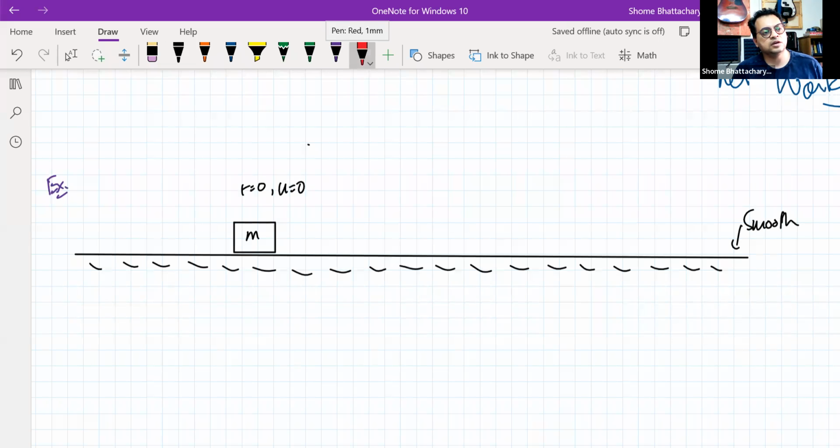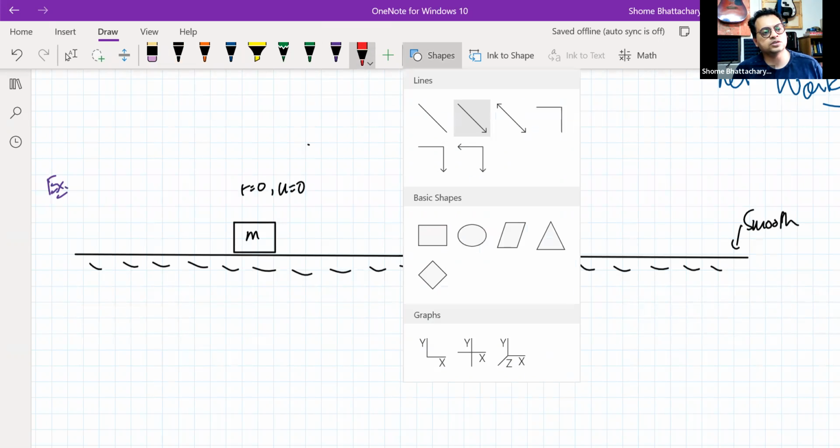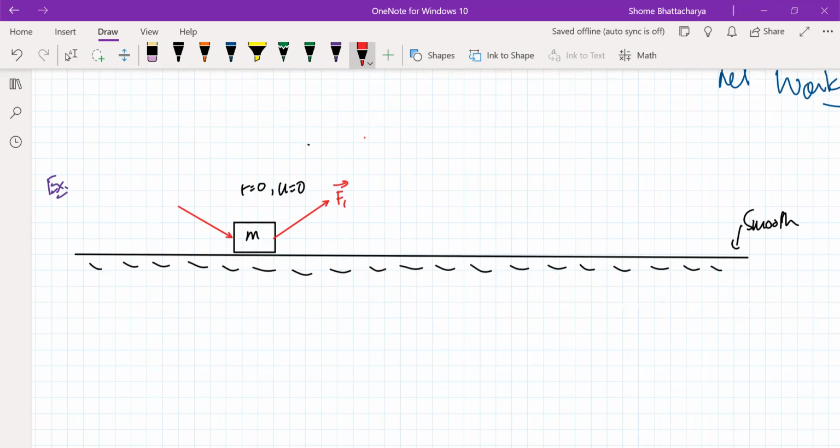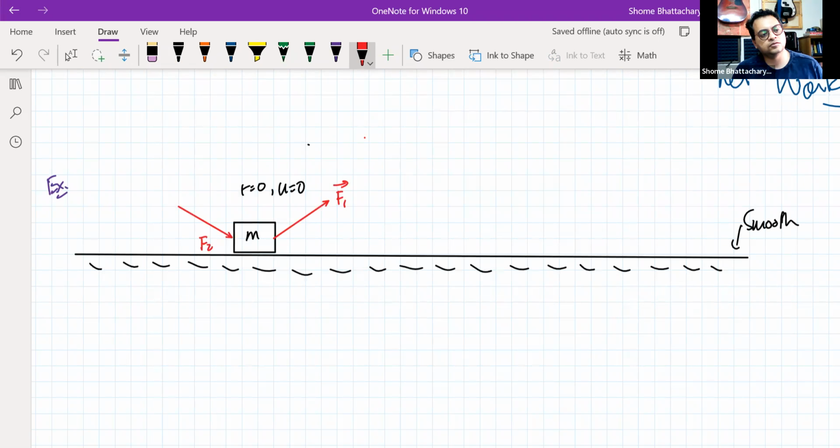Okay. Now we start applying a combination of two forces on it. One force is pulling it like this, and we have, let's say, another force which is pushing it like this. So these forces are F1 and F2, and they are acting such that this angle here is alpha and this angle here is beta.